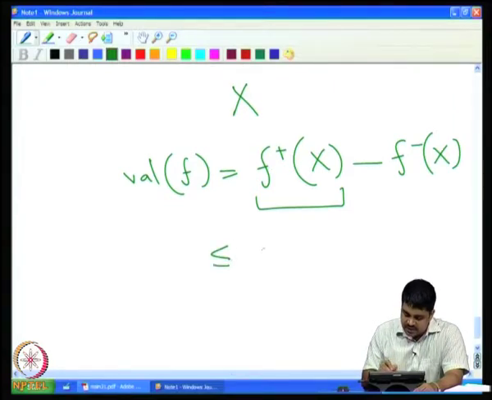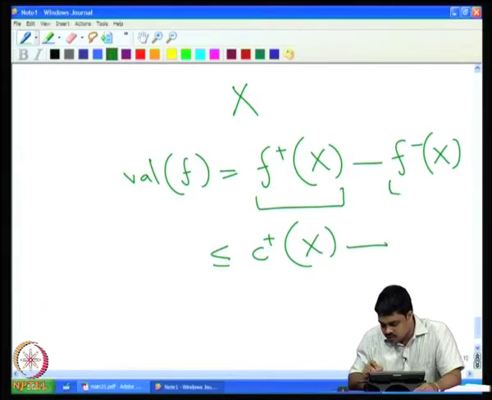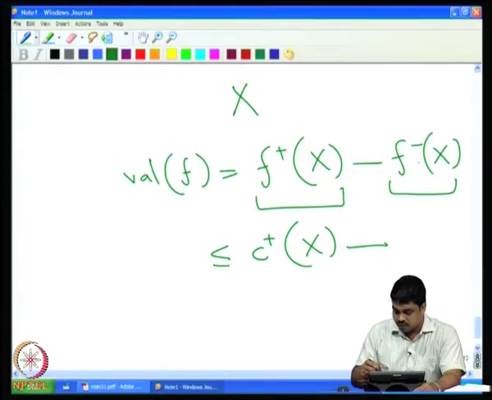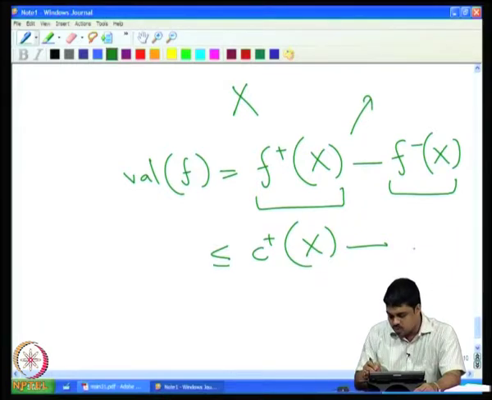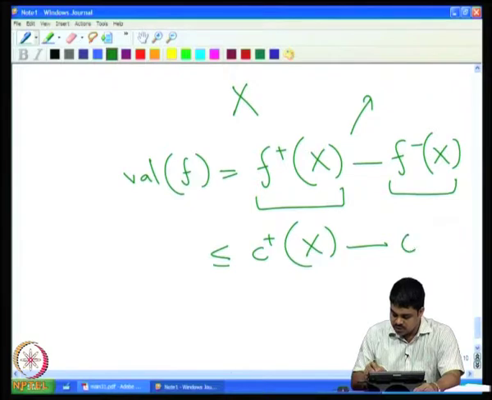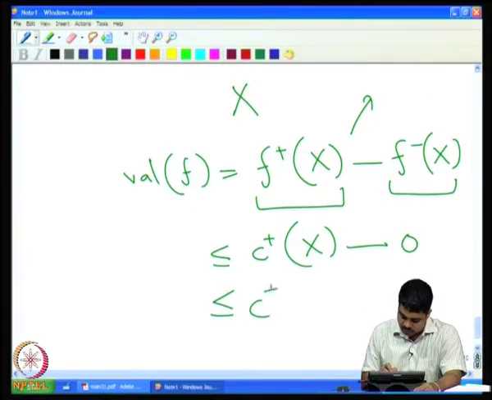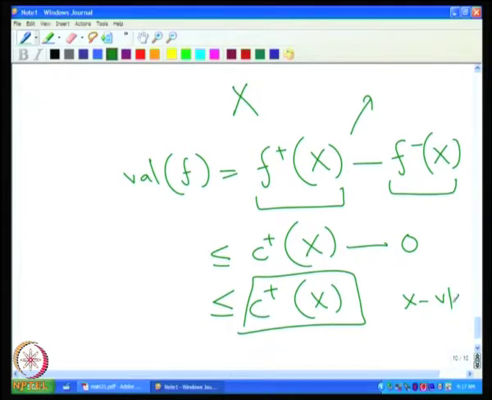Therefore, this is less than or equal to C plus of X, the sum of the capacities on those outgoing edges of X. Of course, there is the minus term; the smaller it is, the bigger the entire quantity can become. But how small can it go? In the worst case it can go to 0, because 0 is a lower bound for any flow value. Therefore, this is minus 0, so it is less than or equal to C plus of X, and this is exactly the capacity of the cut X, V minus X.